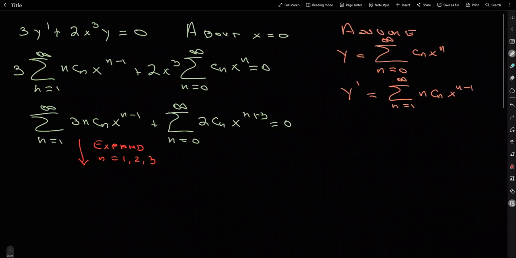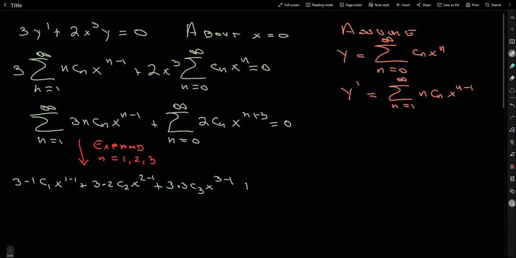For n equals 1, that's going to leave us with 3 times 1, c sub 1, x to the 1 minus 1, plus 3 times 2, c sub 2, x to the 2 minus 1, plus 3 times 3, c sub 3, x to the 3 minus 1. So that's the expansion of the first 3 terms of the first series, 1, 2, and 3.